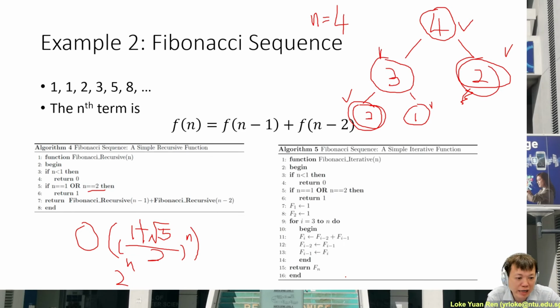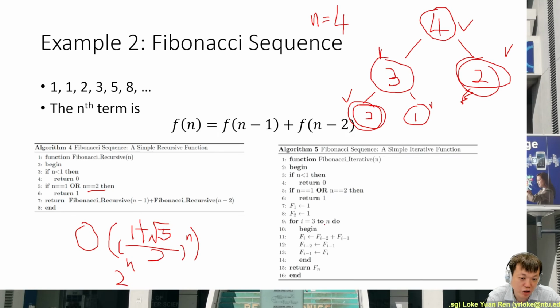In fact, you can simply try to implement such an algorithm. You don't need a lot, n equal to 100. You will be surprised that even with a very good computer, it takes a long time to get the answer, compared to the iterative way.